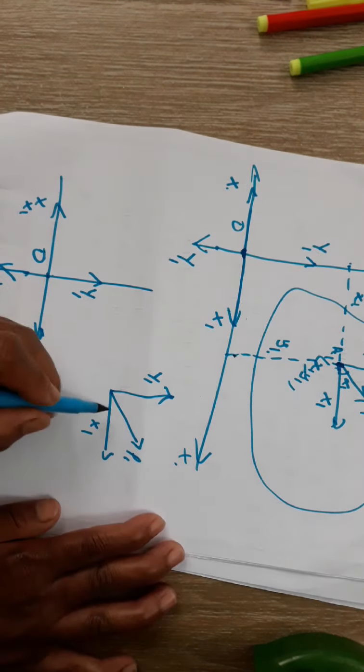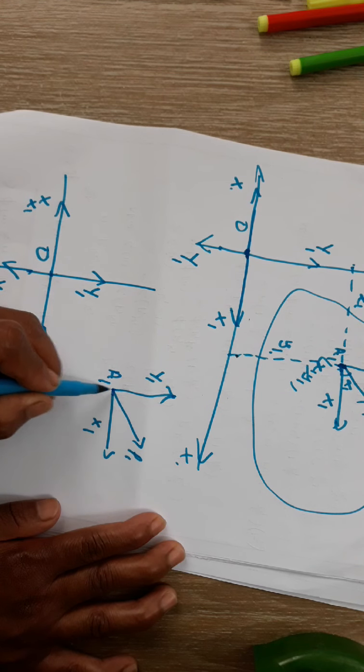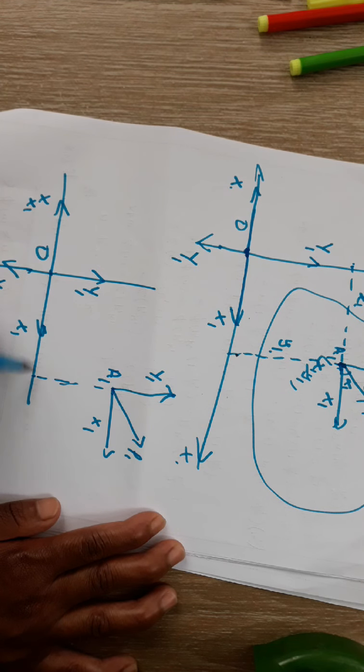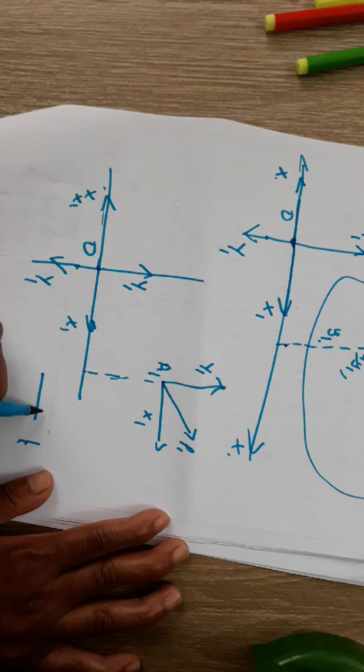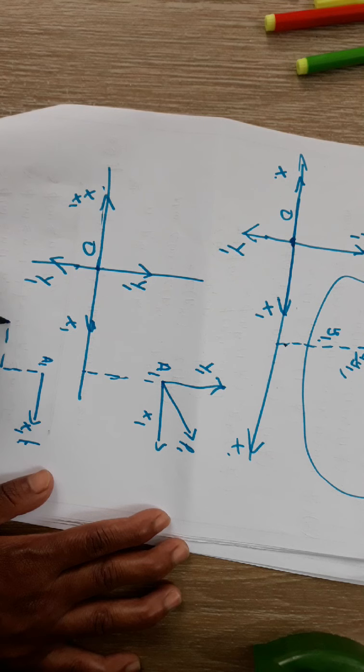So you will see these forces at A1, this is x1 at A1, and then the distance from the origin.